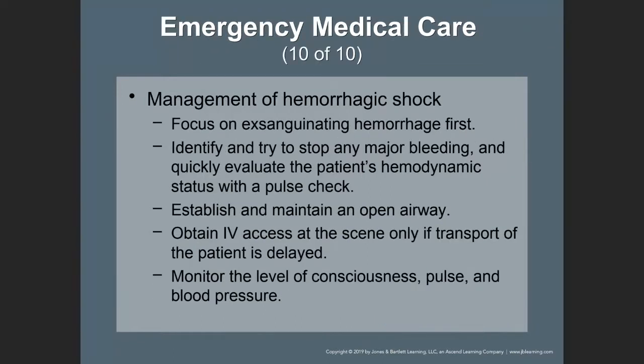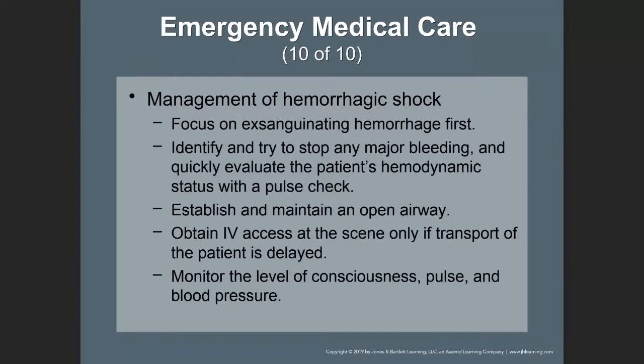Management of hemorrhagic shock. Focus on exsanguinating hemorrhage first. So if there's life-threatening bleeding present, deal with that first. Identify and try to stop any major bleeding and quickly evaluate the patient's hemodynamic status with a pulse check. Establish and maintain an open airway.